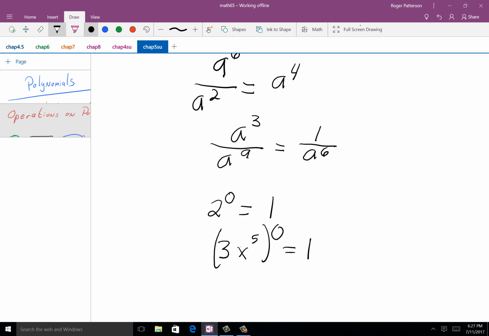Okay? So anything to the 0 power is 1. Doesn't matter what it is. So you should add that one to your properties of exponents too. Any questions on those little new properties there?